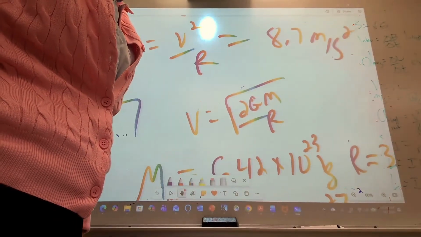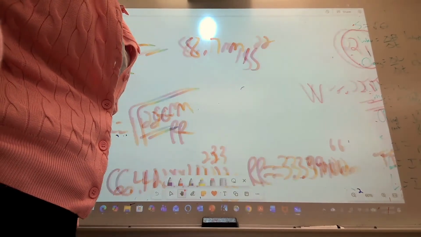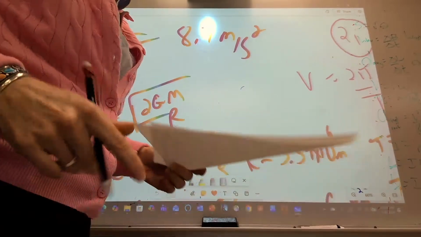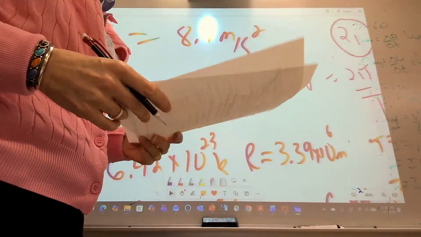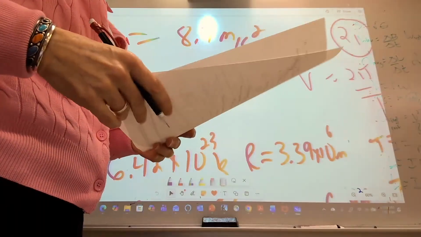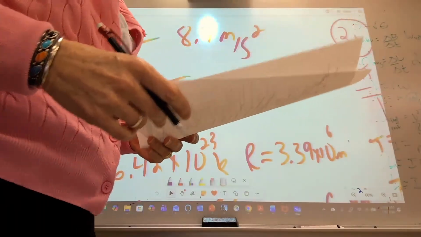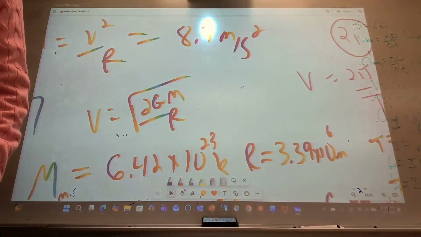Okay, so we have first the mass of Mars is 6.42 times 10 to the 23, right? You can see that in the back of your book. The radius is 3.39 times 10 to the 6th. Just entering it into the equation.